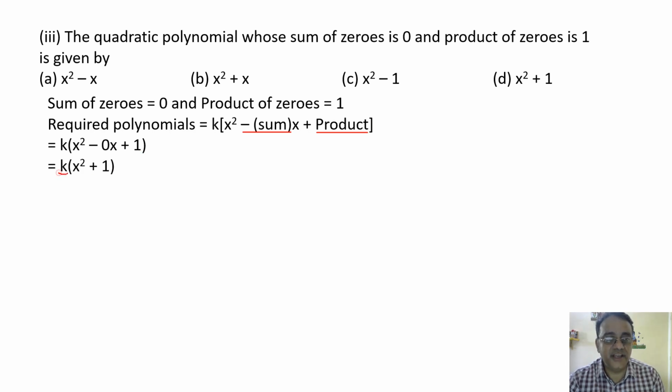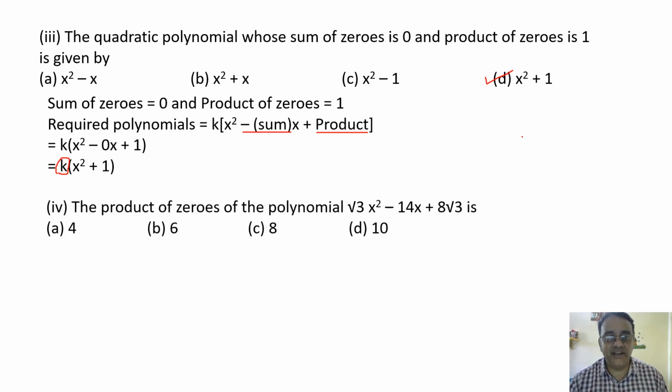If you substitute k = 1, we'll get x² + 1. And the correct option is Option D. Right. Now we are moving toward the next question.